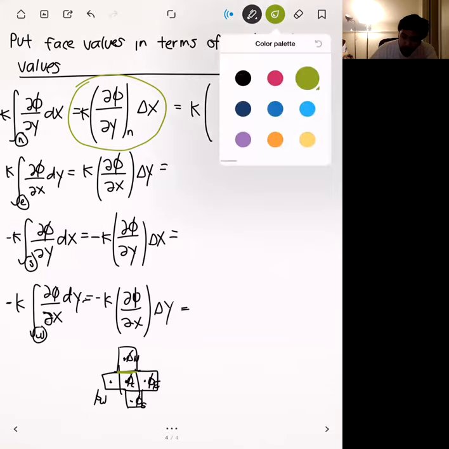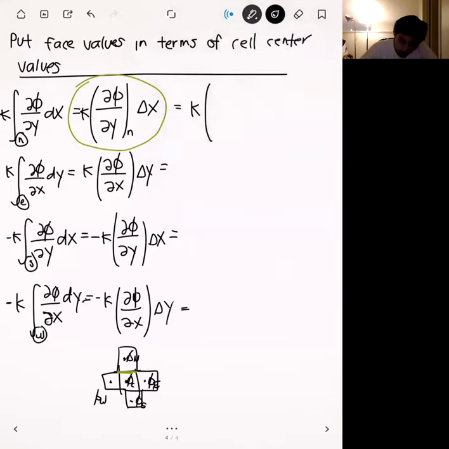And so to approximate this derivative, what we can do is phi sub n minus phi sub c, divided by the vertical distance between those two, so that's delta y, okay, times delta x, okay.